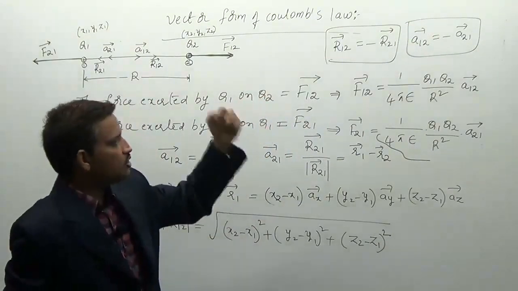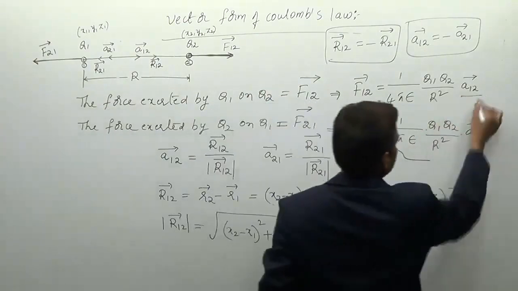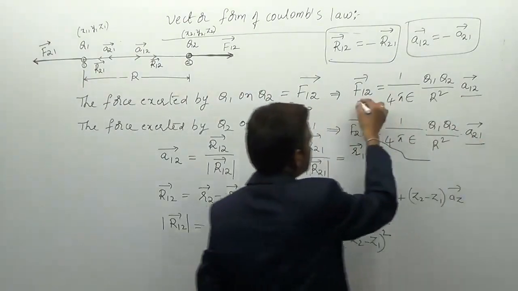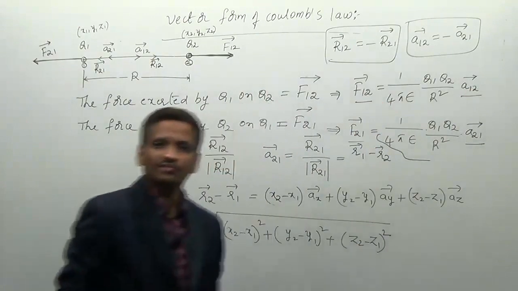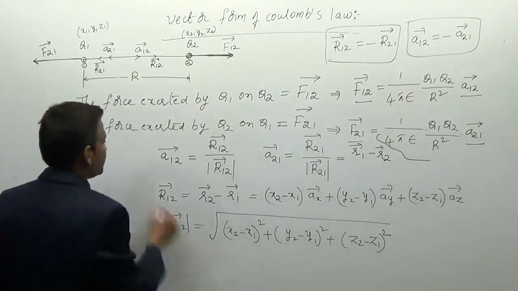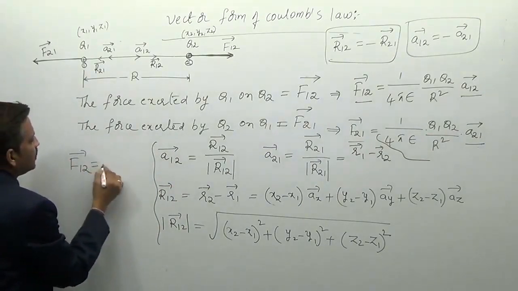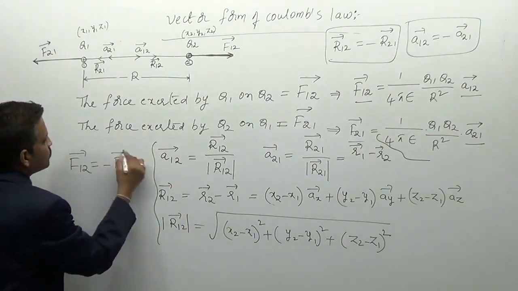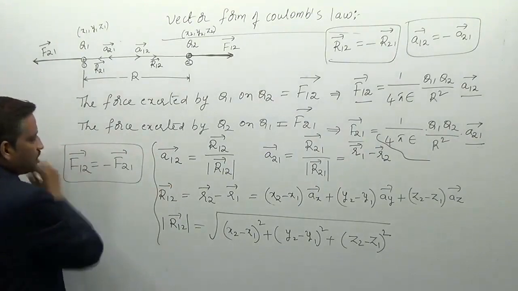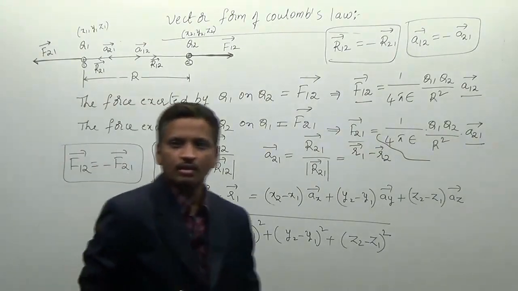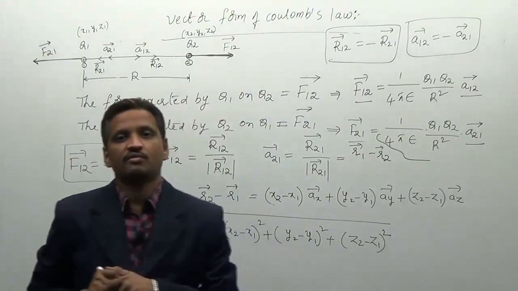Because A12 and A21 are exactly opposite, and they are going to give us the directions of F12 and F21, we can write finally that F12 vector will be equal to minus F21 vector. This is the final conclusion of Coulomb's law in vector form.